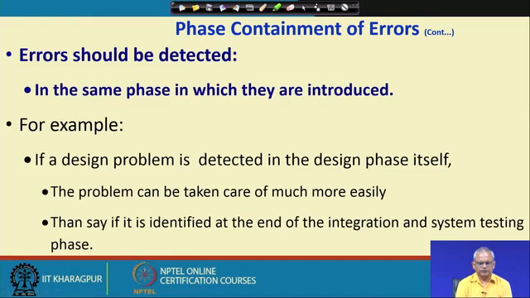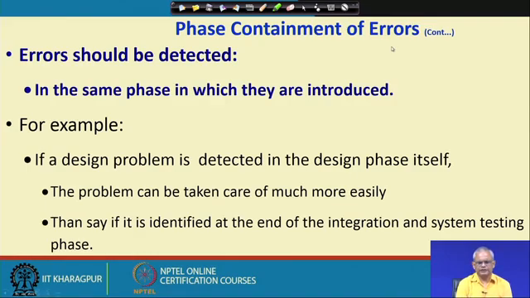So, the programmers commit mistakes, that is universal. But then the main idea here is that we must be able to detect those mistakes as quickly as possible and within the same phase for the cost of correction to be low, and this is called the phase containment of errors.